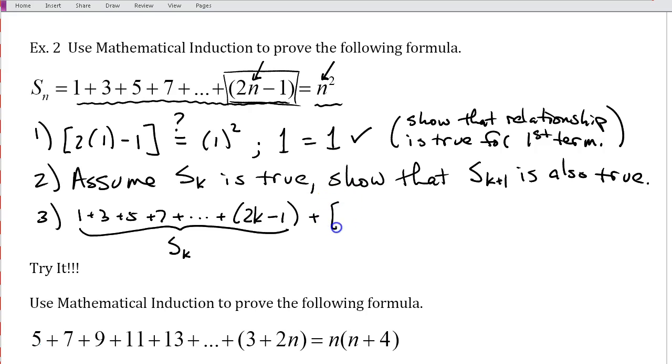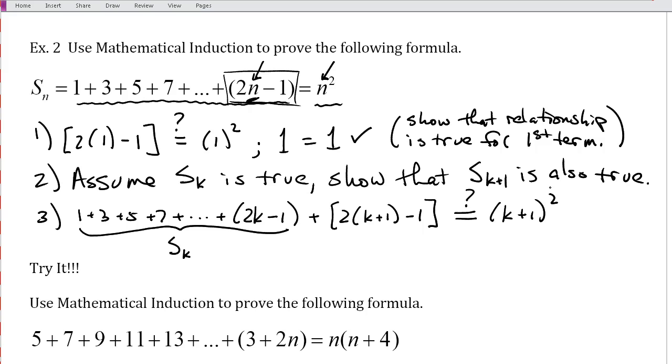So plus 2 times k plus 1 minus 1. Okay, so now I put in k plus 1 for n. And we want to show, again, notice the question mark because we don't know if this is true yet, that this is equal to, and then for n, we want to prove it's true for k plus 1, k plus 1 squared.